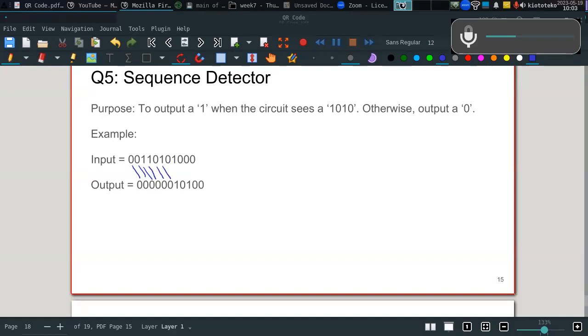But when you get this sequence, you'll get a 1. Then you continue 1 0. But then you get a 1 again because now it's considering this other sequence. And then it goes like this.